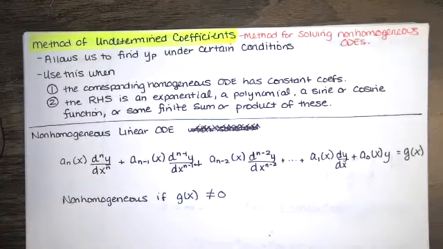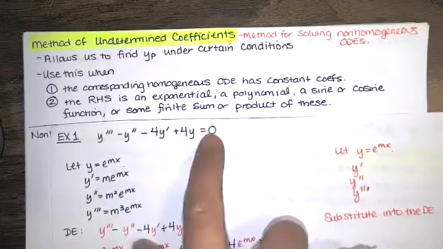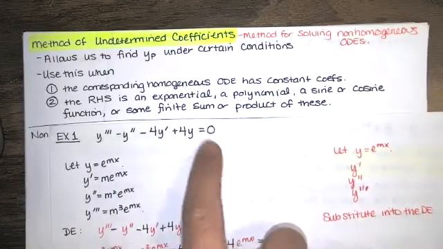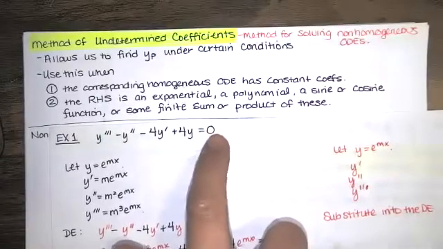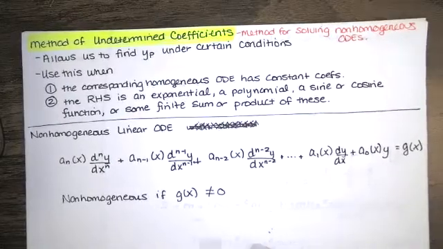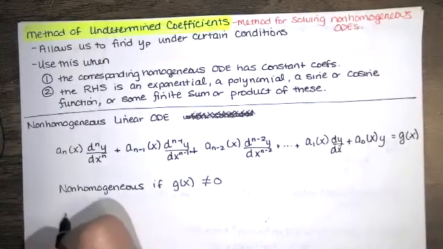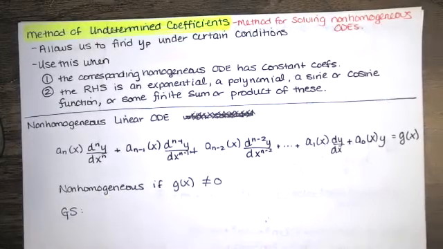So if g of x is always 0, like it was in all of those problems that we worked when we studied the methods for solving homogeneous linear ODEs with constant coefficients like this, that's a homogeneous ordinary differential equation. If that right-hand side was something other than a 0, like sine of x, that would be a non-homogeneous linear ordinary differential equation.